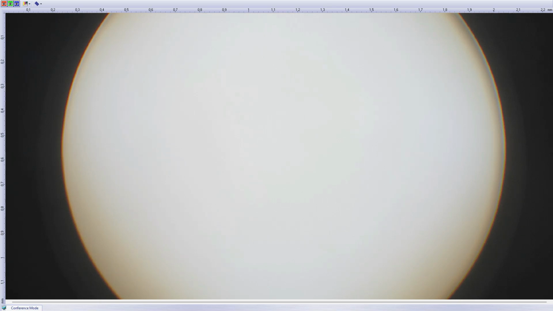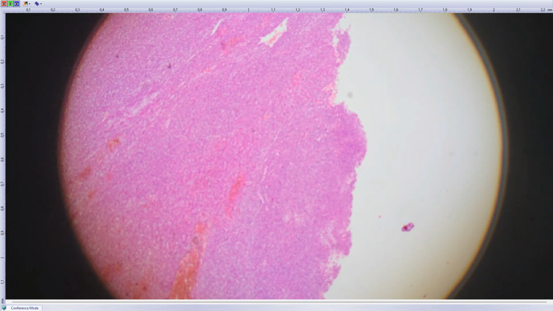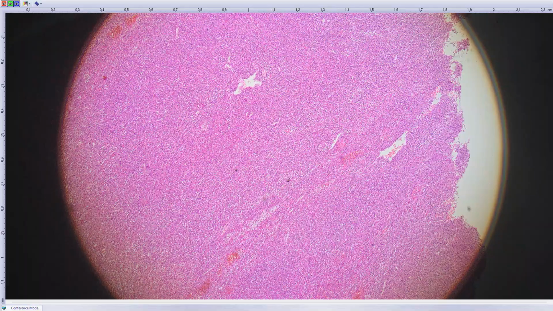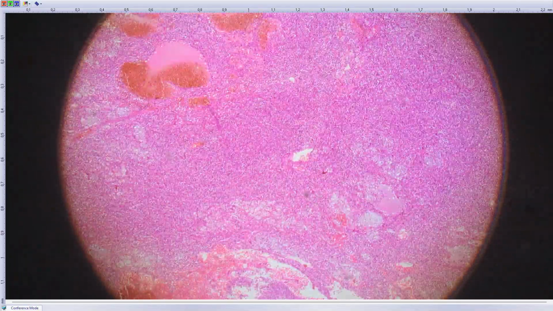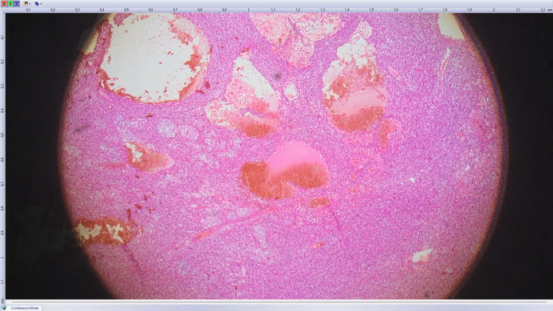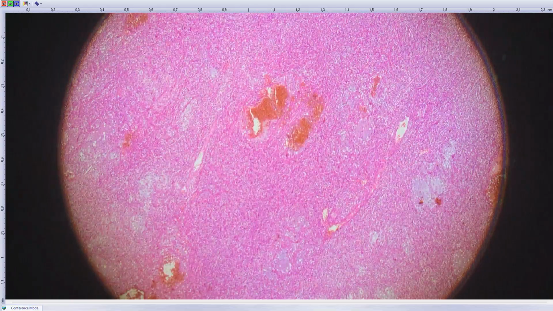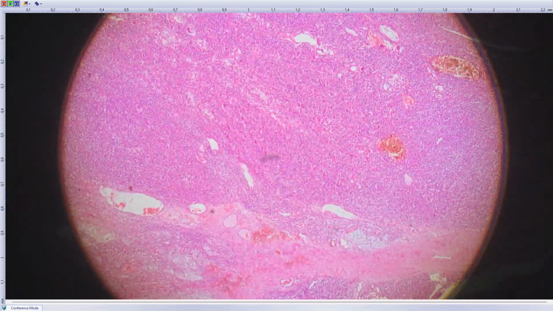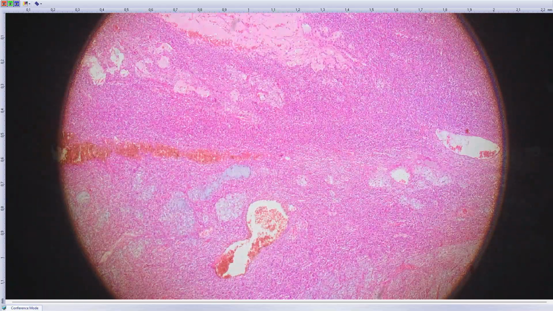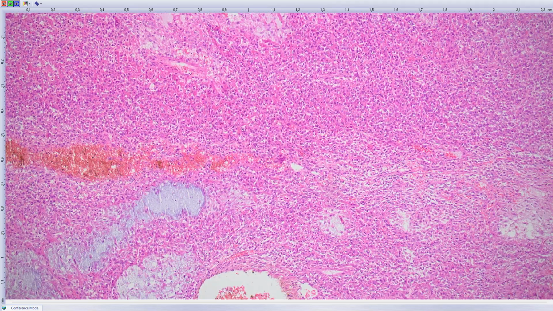Next case, 85-year-old female, tumor in the lumbar area. Very prominent cellularity, prominent vascular spaces, some myxoid areas, otherwise quite non-specific morphology.